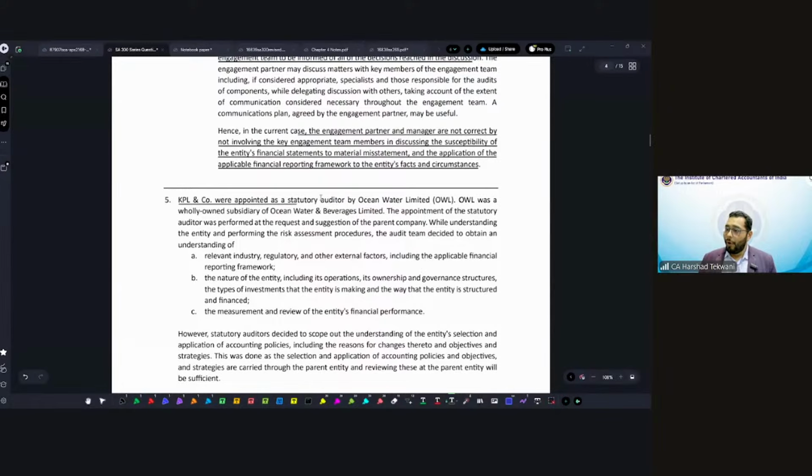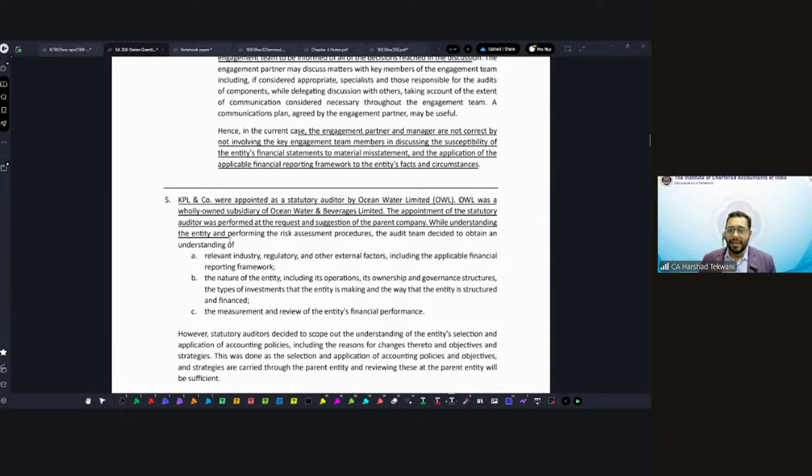KPL and Company were appointed as statutory auditor of Ocean Water Limited. Ocean Water Limited was a wholly owned subsidiary of Ocean Water and Beverages Limited. The appointment of the statutory auditor was performed at the request and suggestion of the parent company.